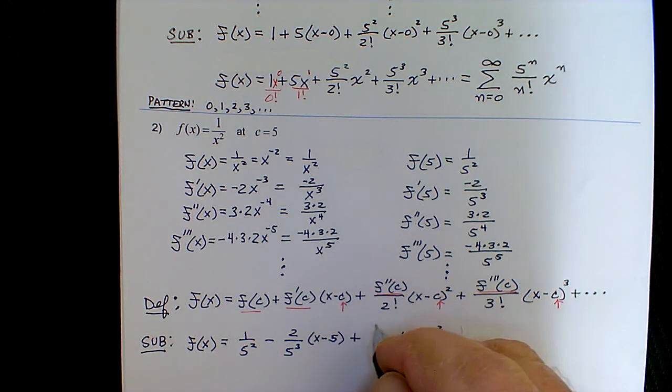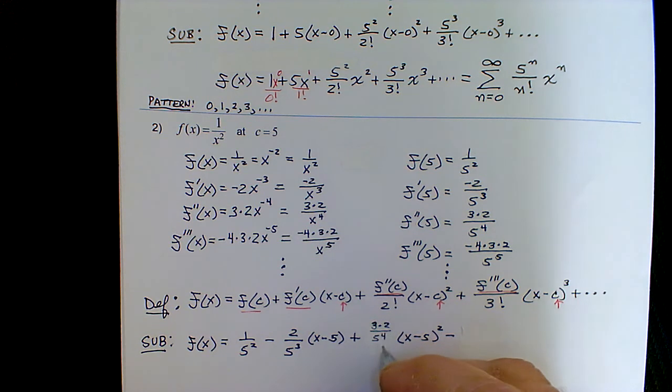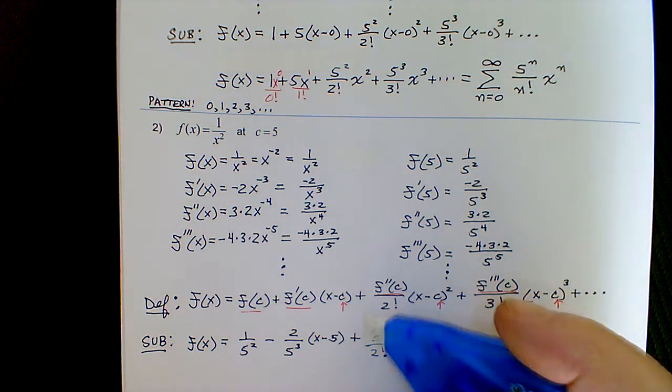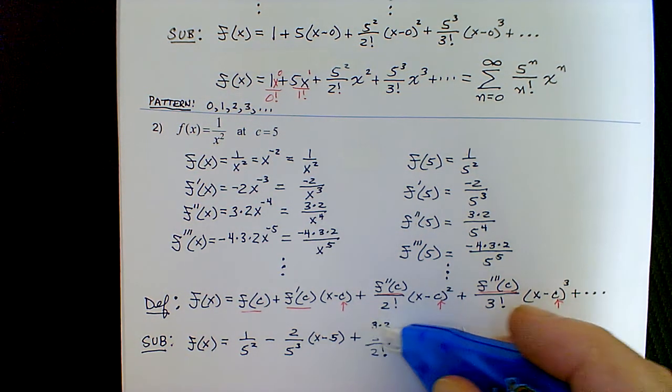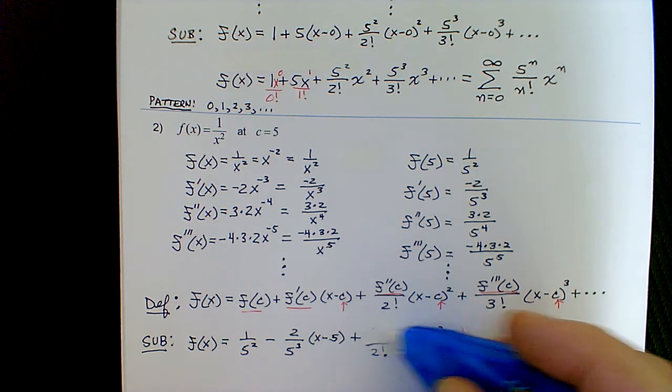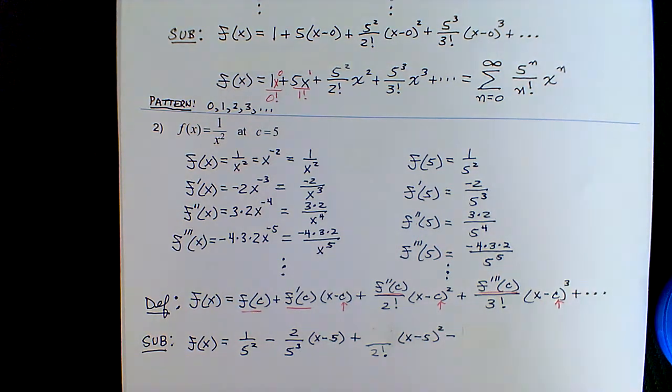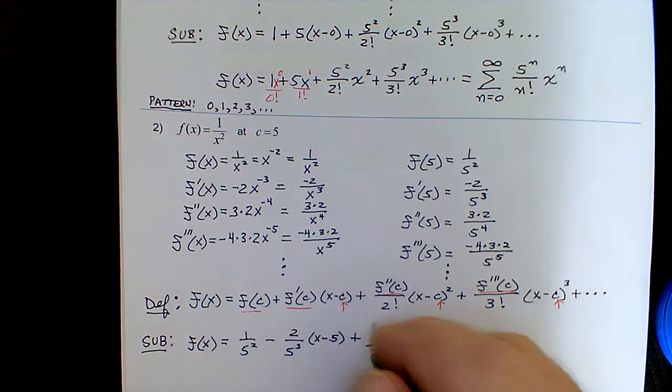So we've got 3 times 2 over 5 to the 4th, but then over 2 factorial, because that's part of the definition, the 2 factorial. So the 3 times 2 over the 5 to the 4th, that was the f double prime.